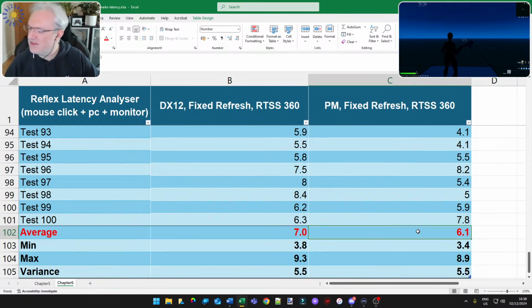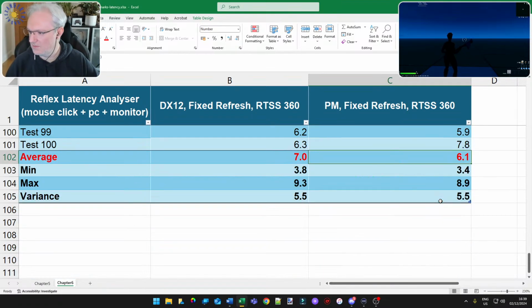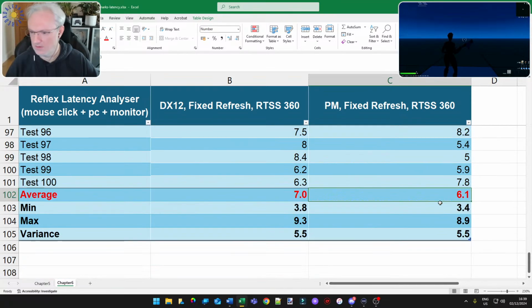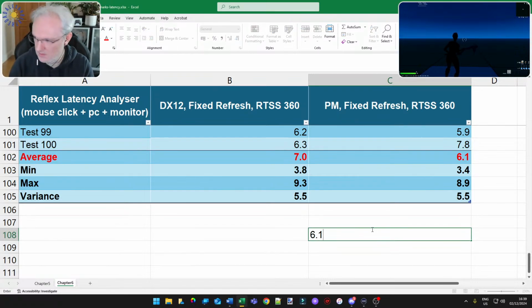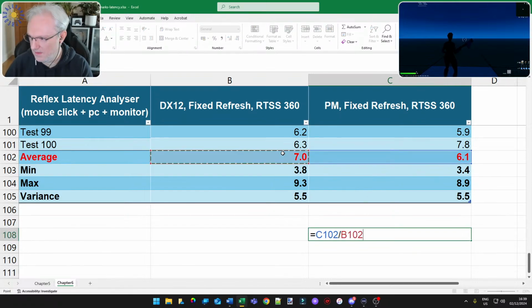So 0.9 better. What is that in terms of comparison? Just curious, what is that percent better? So 6.1. What's that divided by that?